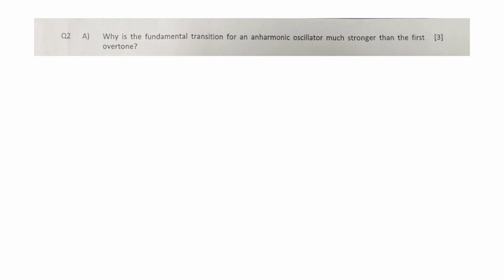Intensity is based on the transition moment integral. If the transition moment integral is zero, then even if it is highly populated, your transition won't take place, right? But we are talking about an anharmonic oscillator, so all these transitions are possible. That is what we are going to come to. But for that, the important parameter to judge would be the transition moment integral.